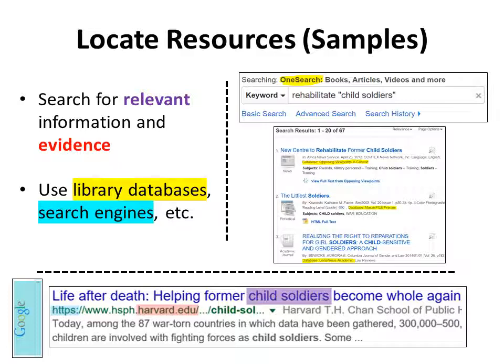The purple highlight reflects the relevancy of the article. It appears to address my research question. And the red highlight identifies the source as being a Harvard-generated publication. And considering Harvard's academic reputation, I expect it to be a credible source, but I will need to explore it further to determine whether or not my assumption is correct.